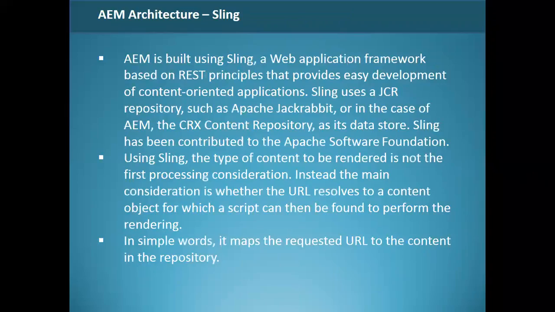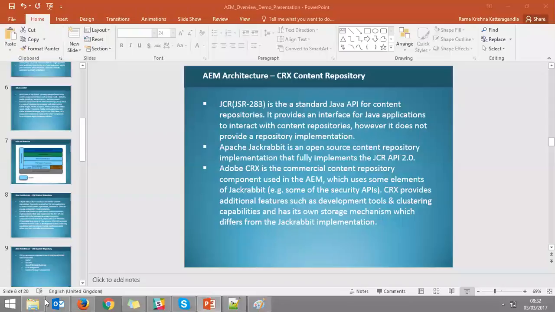The Sling actually. So the Sling is also a built-in feature in AEM, and this is basically, in simple words, it maps the requested URL to the content in the repository. Like I'll explain some example.